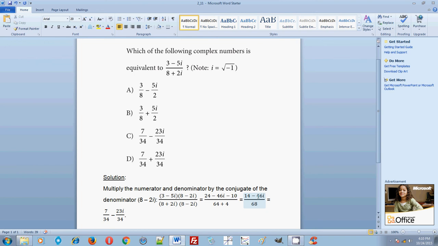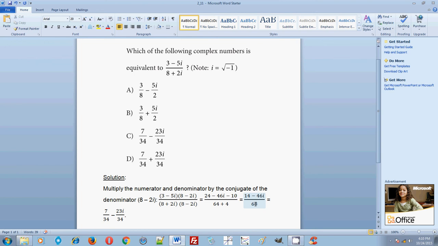Now be careful, you still need to further simplify this fraction, and that's going to be by dividing each of these terms by 68. You can't really divide them out, but you can simplify them by reducing them using the greatest common factor.